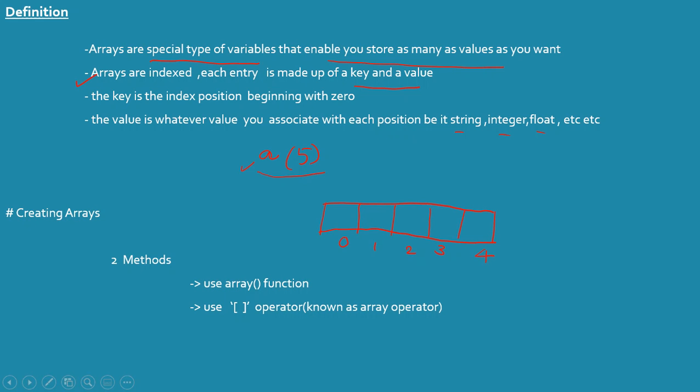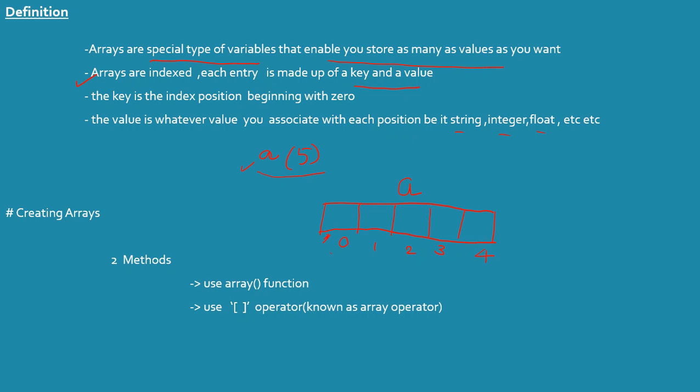So 5 different continuous memory locations may be assigned a common name A. If we assume the name of the array is A, these memory locations are indexed starting with zero.